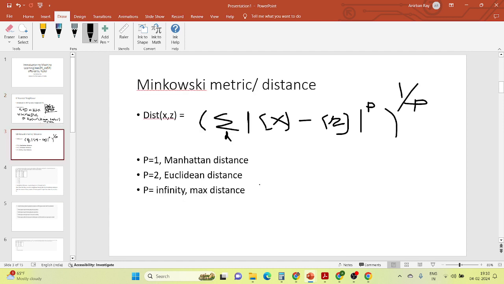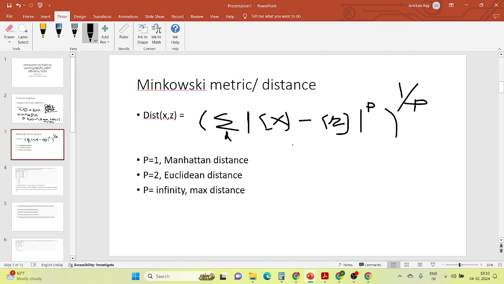Okay, so there should be a metric to measure the distance. That is called the Minkowski metric, defined like this. For every component of the 2 points, the difference between them is raised to the power p, and the summation is raised to the power 1 by p.